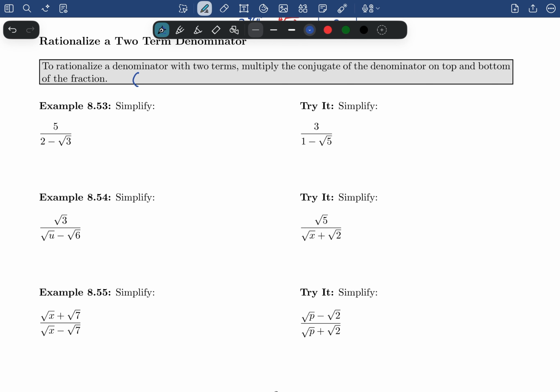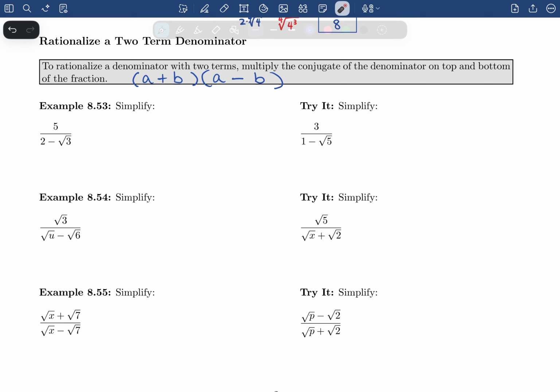Now, a little reminder for you, conjugates, okay? When you have two terms, like A and B, let's say, and let's say you have addition between them. Well, the conjugate of A plus B is taking those same two terms, A and B, and putting the opposite sign between them, subtraction.